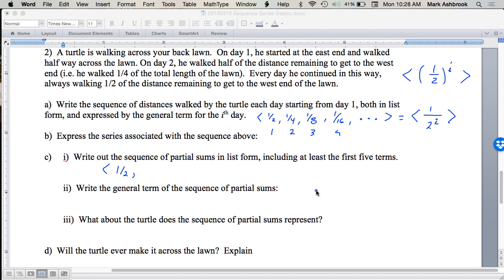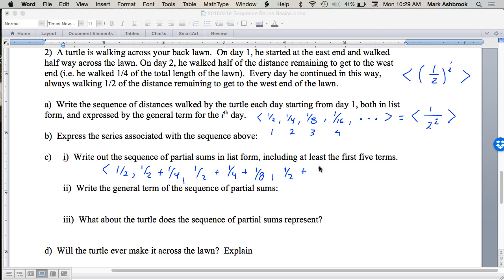Okay, in the sequence of partial sums, we have 1/2 and then 3/4. 1/2 plus 1/4, 3/4. And then 1/2 plus 1/4 plus 1/8, right? Sequence of partial sums. It's where each time you go to the next term, you add one more term of the sum.